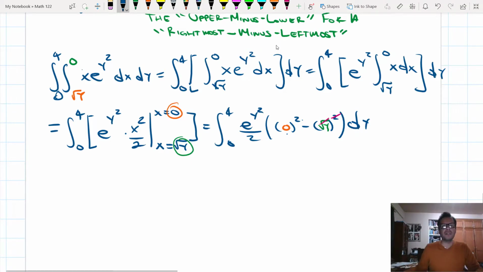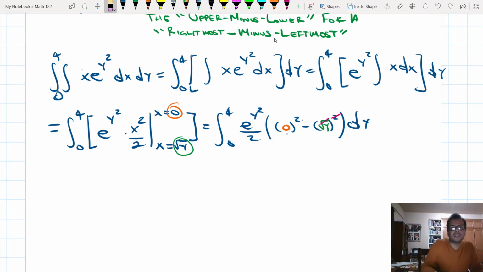So at this point, let me just invert the limits. I'm going to erase all the limits of the first integral. Sorry about this. I did this upside down. I did it backwards. Let me do upper, which is square root of y, and lower, which is 0.